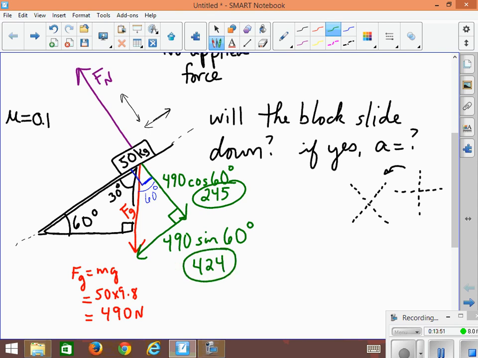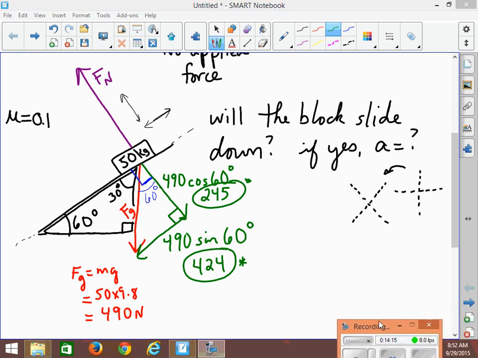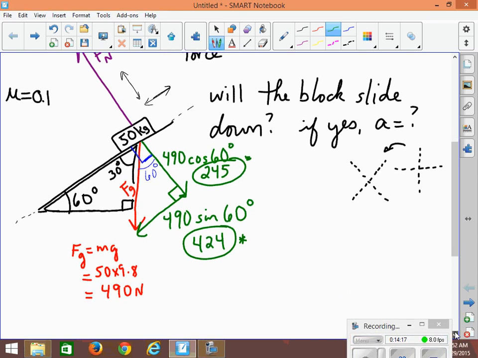So this means that the gravity force is pulling into the slope at 245 newtons, and it's pulling down the slope at 424 newtons. That's what the gravity is doing. We now know how much of the gravity is pulling down the slope and how much is pulling into the slope. And so we can use that for our next step.